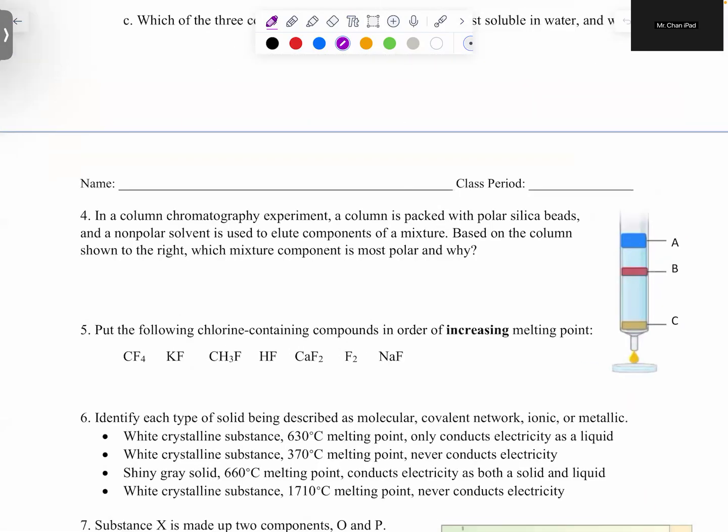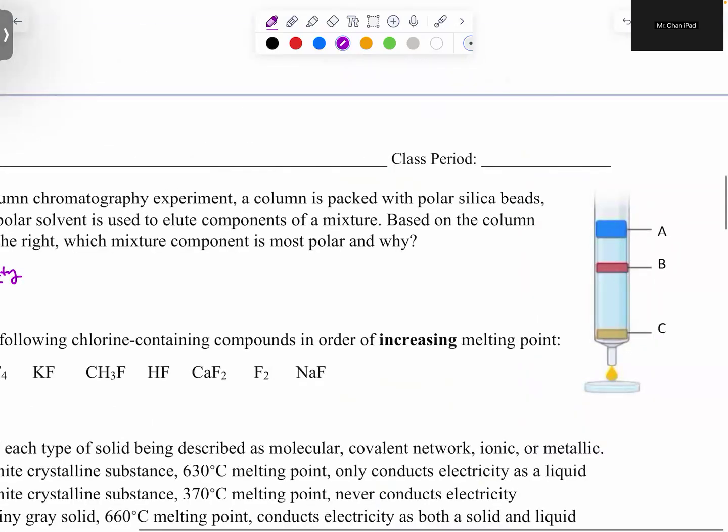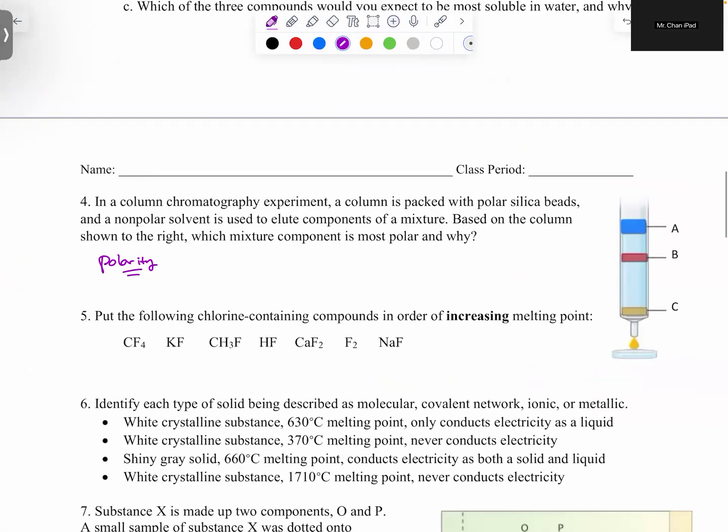So the first thing is that you understand it's about polarity. And now the next natural question to ask is, if you say polarity, which was the most polar, which was the least polar? Now, that question cannot be answered unless you know what the solvent is.